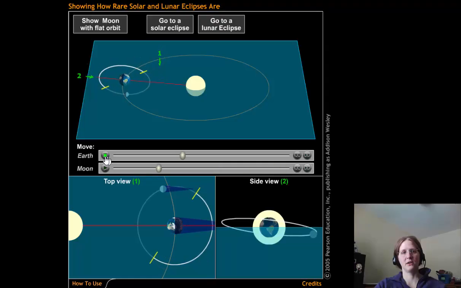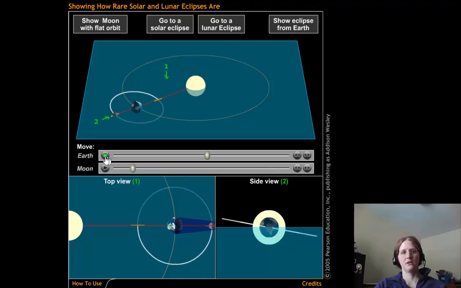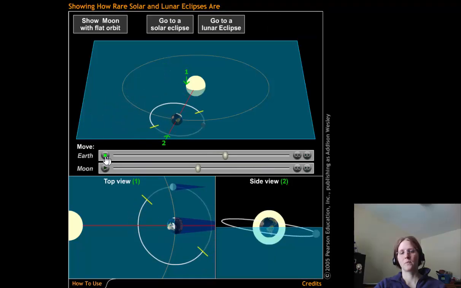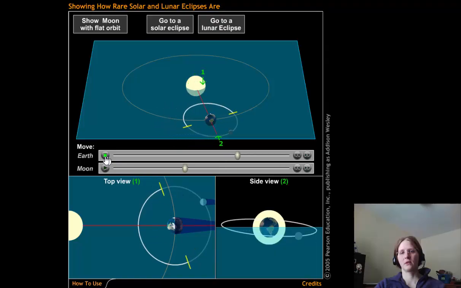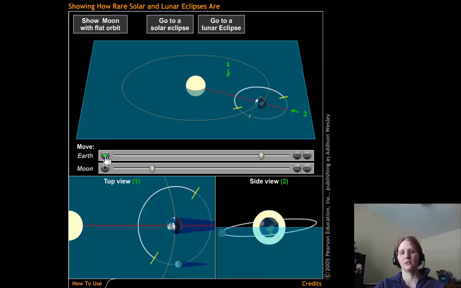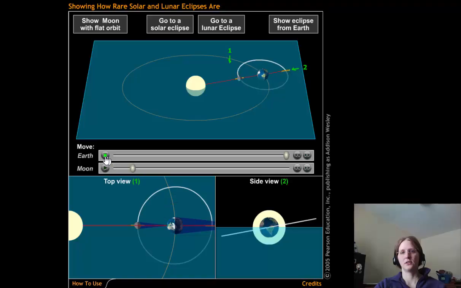Waiting for the nodes to come around. Lunar eclipse. Solar eclipse.